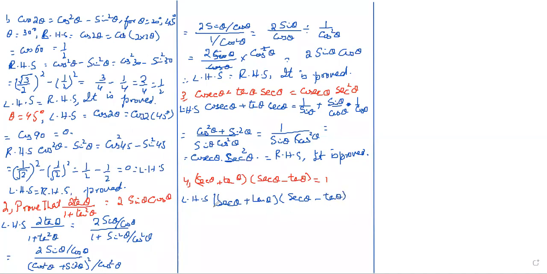So using a plus b times a minus b equals a square minus b square, it would be secant square theta minus tangent square theta. Right?